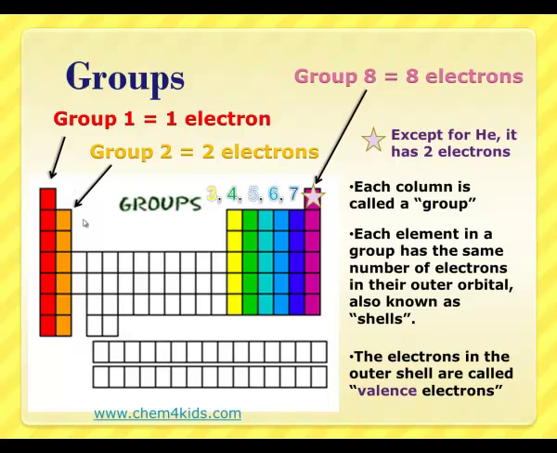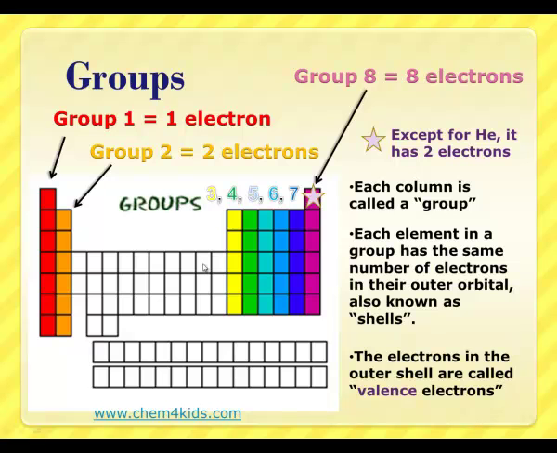And it continues to go like this: 1, 2, 3, 4, 5, 6, 7, 8. All of the elements in group 18 have 8 valence electrons except for helium. Helium has 2 valence electrons.